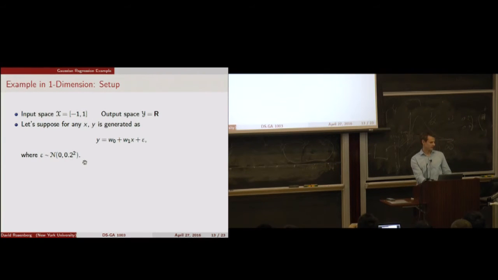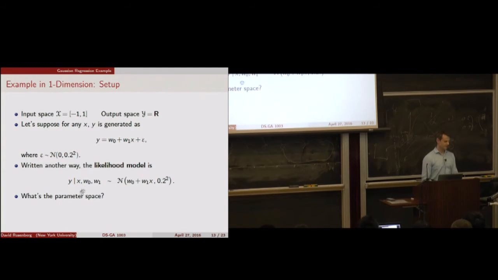All right. So what's the likelihood model for Y? Y given x and w is, very good, Gaussian with this as the mean, and this is the variance.